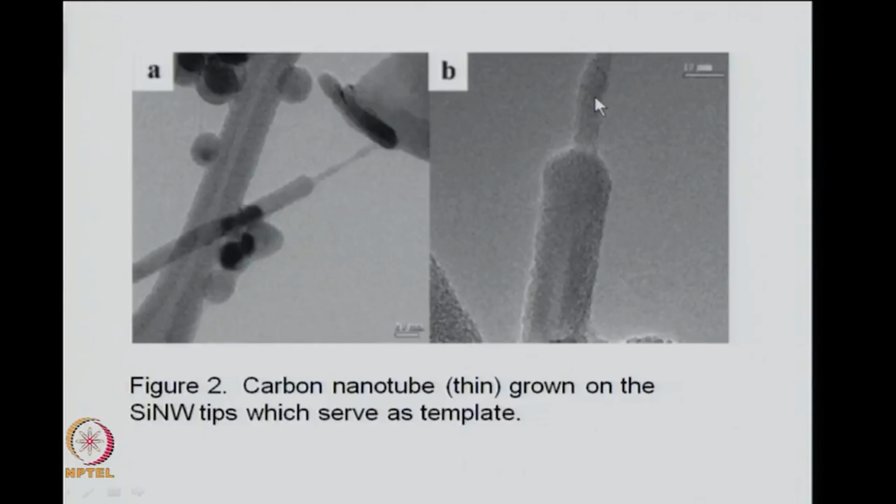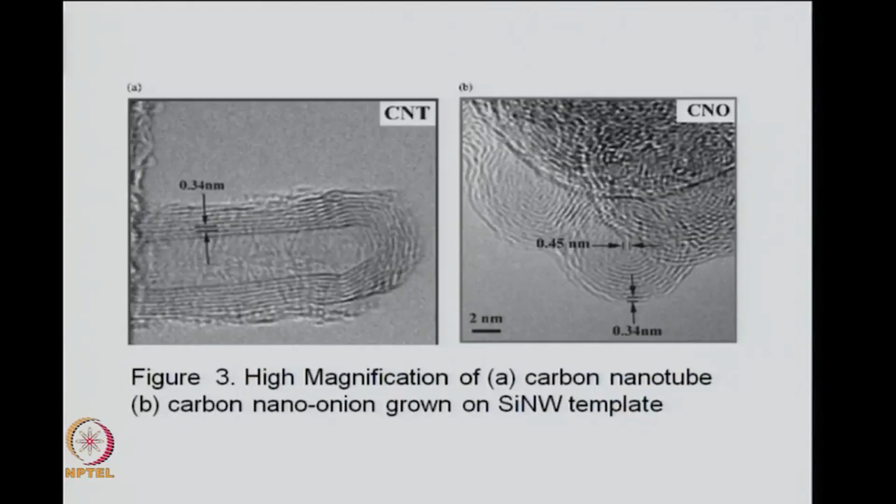So, you can think of this as a 5 to 7 nanometer thick carbon nanotube grown on around 15 nanometer thick or 20 nanometer thick silicon nanowires. So, these are very useful techniques. The template based techniques are very useful to prepare nanowires, which are precisely ordered in a particular fashion.